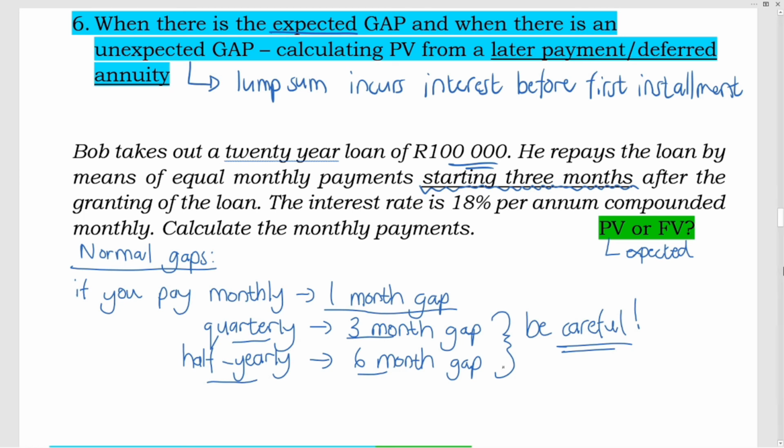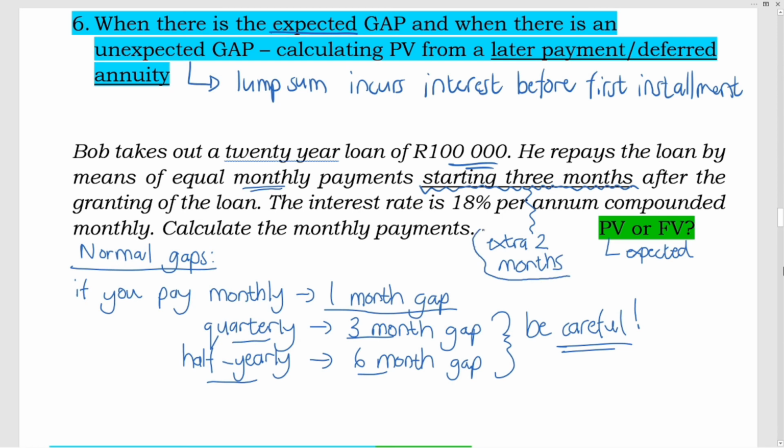Right. So this guy is repaying by monthly payments. So I'm expecting a 1-month gap. But what I get instead is a 3-month gap. So what does that mean? That means there's an extra 2 months, not an extra 3 months, and this is a little confusing.